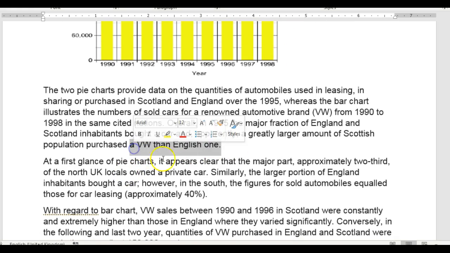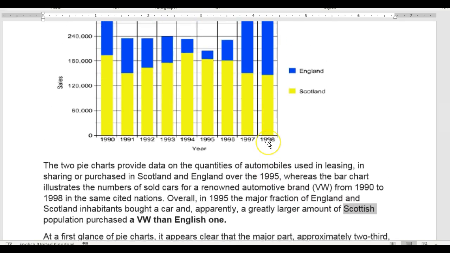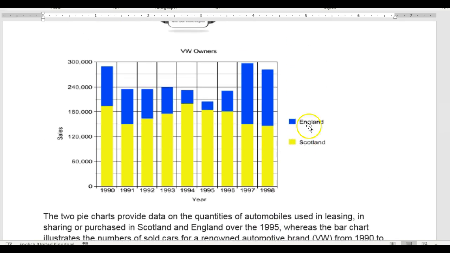Do you mean they purchased a German car rather than an English one? Yeah, because the end of your sentence says this. You probably mean that more Scots purchased a Volkswagen than Englishmen, right? So you mean the sales were higher in Scotland.